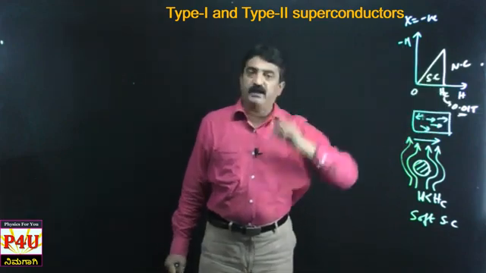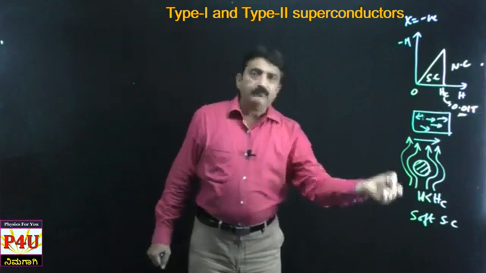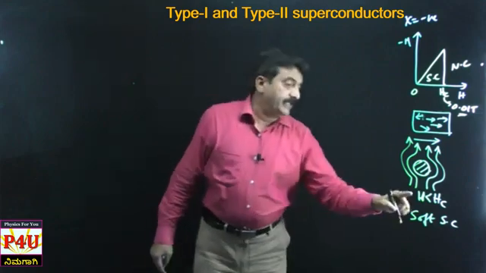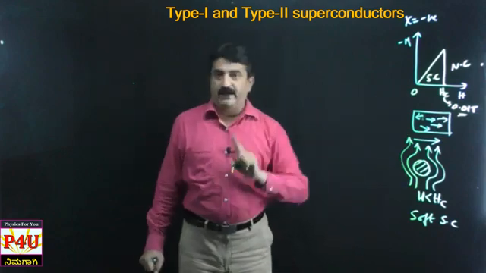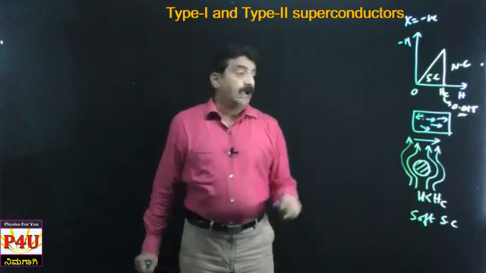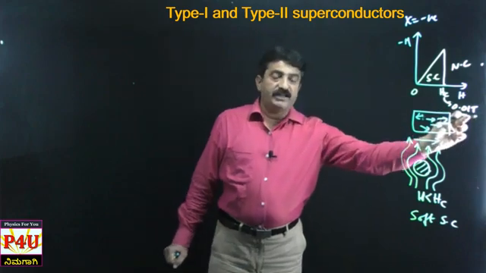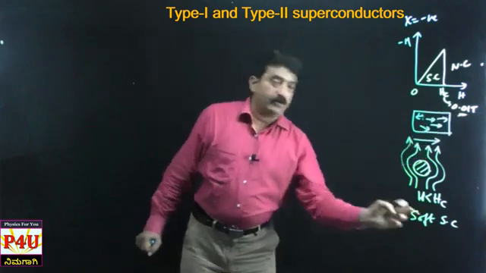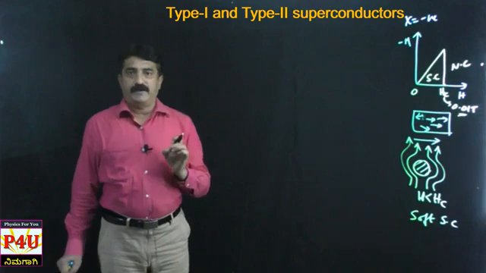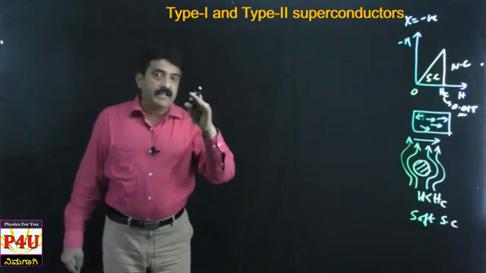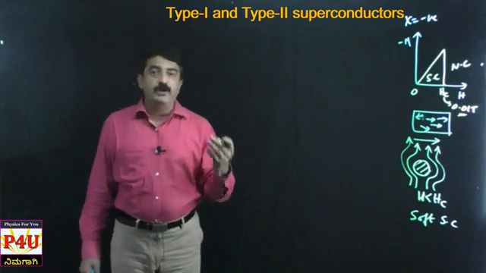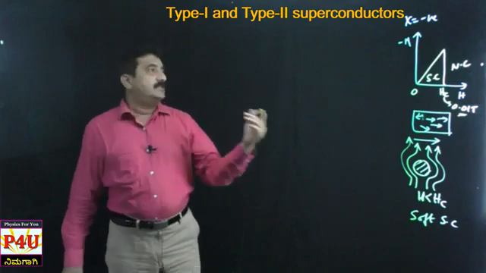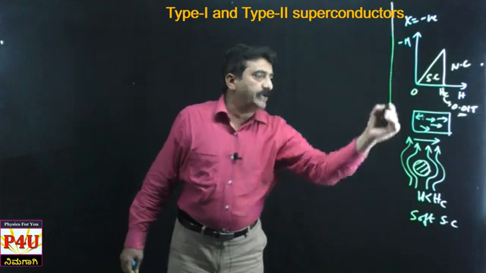There is only one critical field, and in type 1 superconductor there is a perfect Meissner effect. All the magnetic lines will be expelled below the critical field, and because the critical field Hc is very, very small, they are also called soft superconductors. Because of that, they cannot be used for constructive purposes. They cannot be used to build huge magnets. So this is about type 1 superconductor.